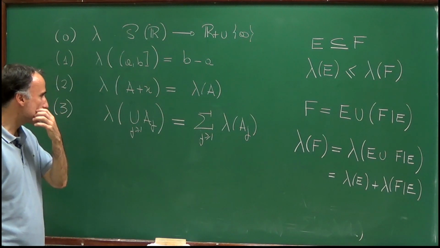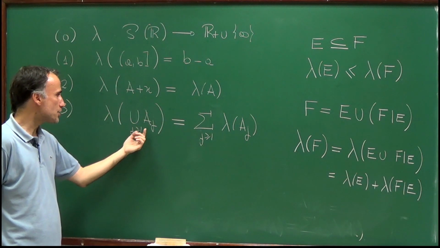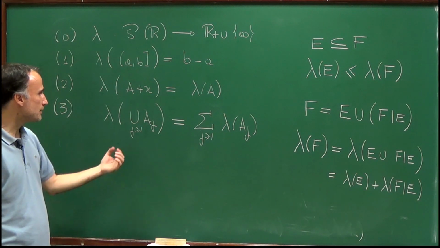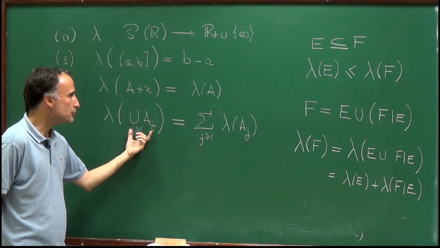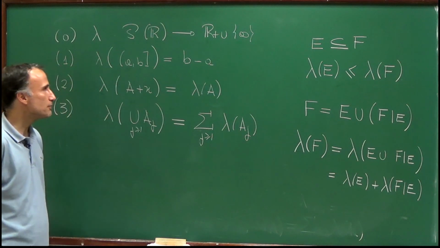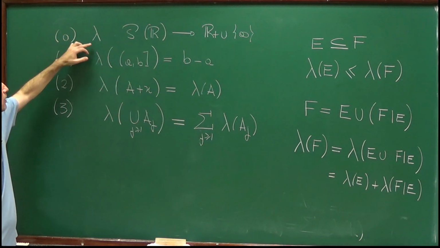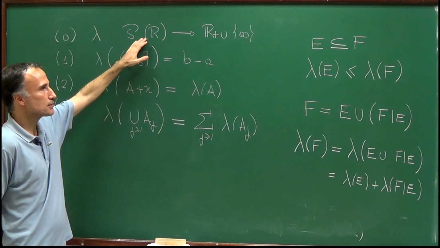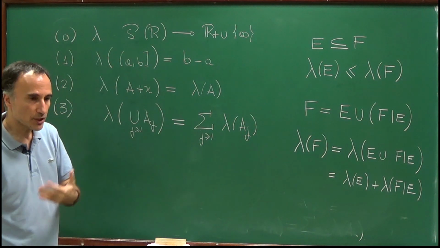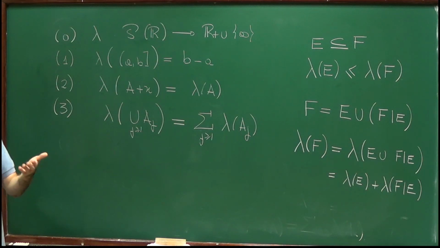Also, our intuition tells us that if you take sets A_j which do not intersect, it's natural to ask that the measure of the union be the sum of the measures. So the point here is that we will accept to have functions which are not defined on all subsets, which means that there are some subsets of R to which we cannot associate a measure.